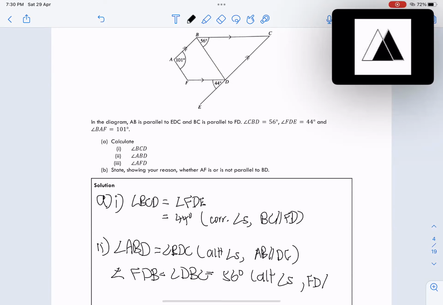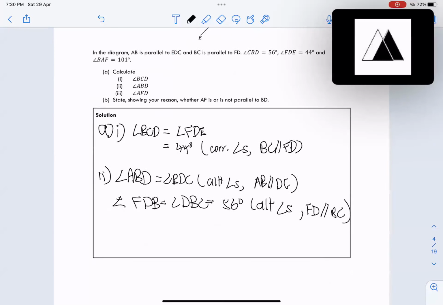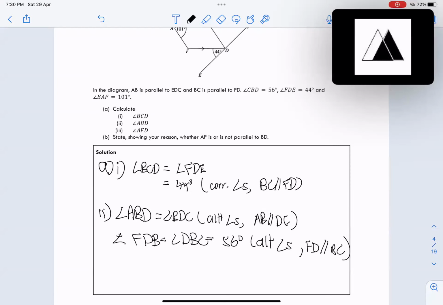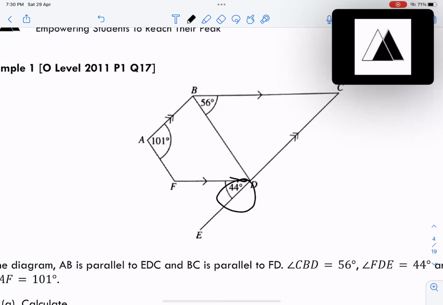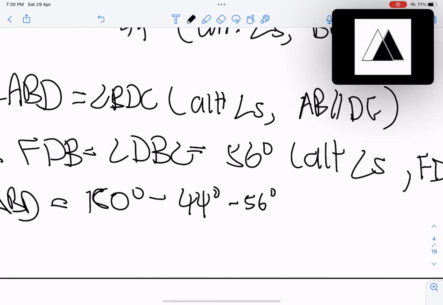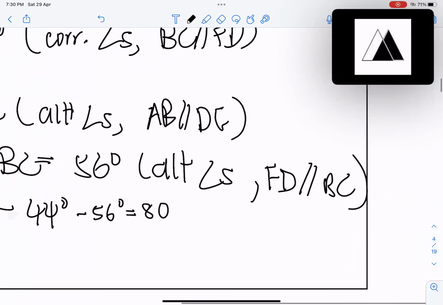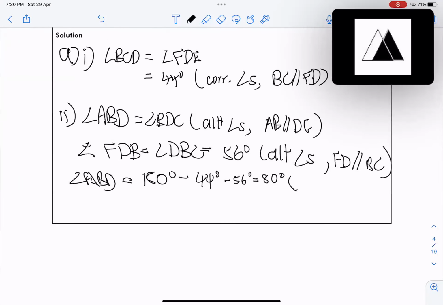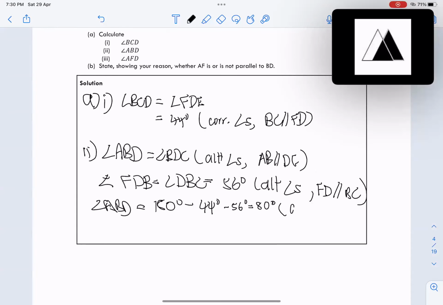And parallel to BC. Then you want to find BDC. So BDC is 180 degrees minus 44 minus 56. Then you get 80 degrees. Then this one, you also have to remember to add your reasoning. It's a bit messy. Adjacent.